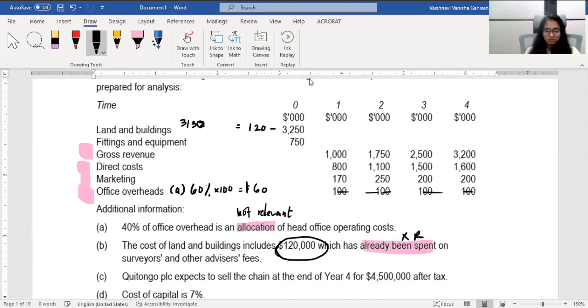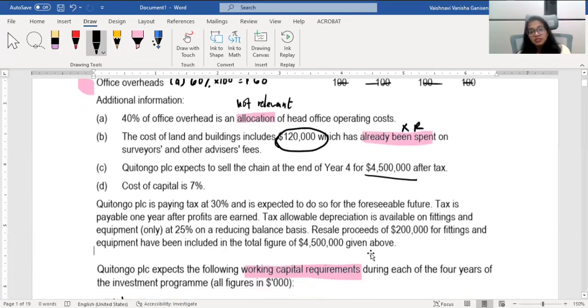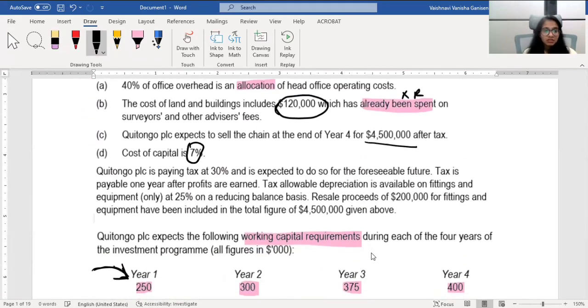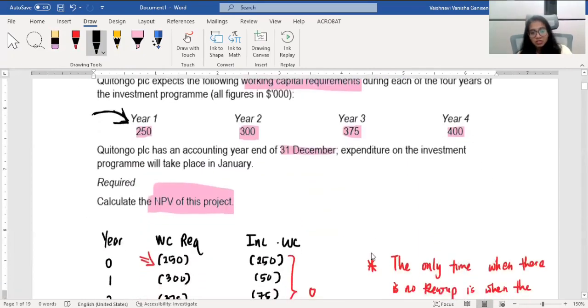Kwitongo PLC expects to sell the chain at the end of year 4 for 4.5 million after tax. Okay, so it's no issue. Cost of capital 7%. So this is my discount factor. We have read this together previously. Let's do the question together now.